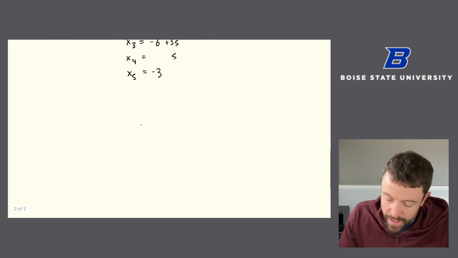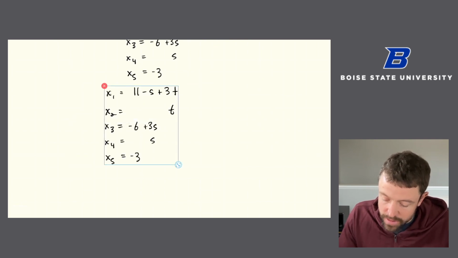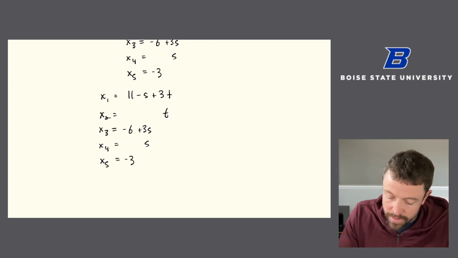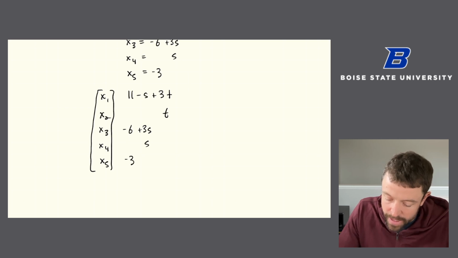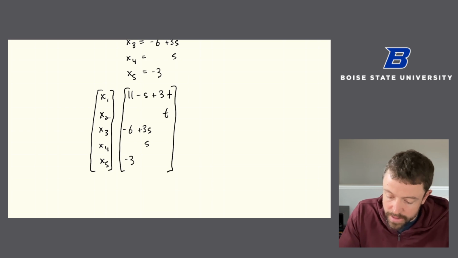And I'm going to do that again in a very unimpressive way. I'm just going to draw in some brackets. So I'm going to think of this as not 5 separate equations. I'm going to think of it as one equation. Let's give myself a little bit of space.